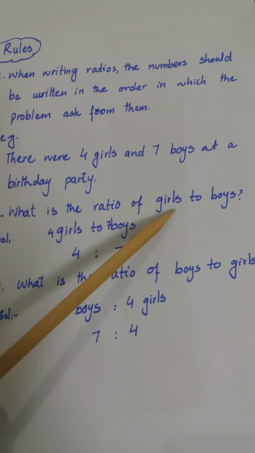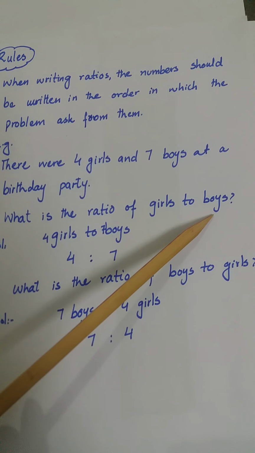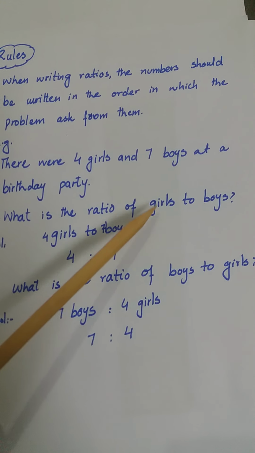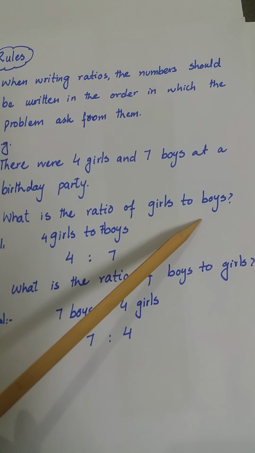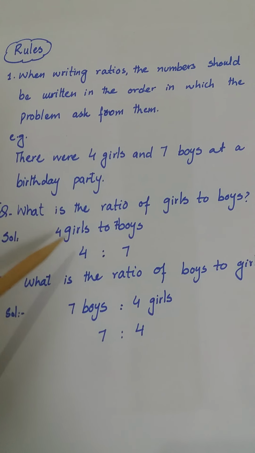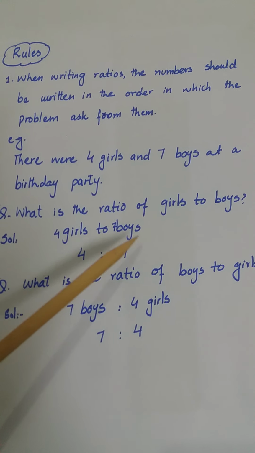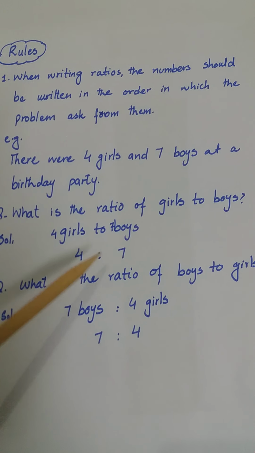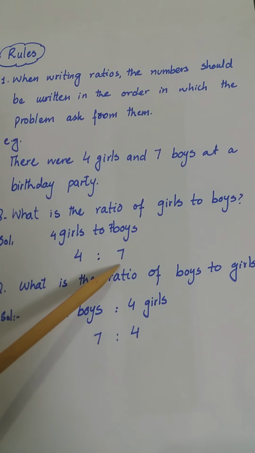We have to keenly observe the order in which they have asked the ratio. Ratio of girls to boys. It means we will give the answer with 4 girls to 7 boys. Ultimately we will write 4 ratio 7.